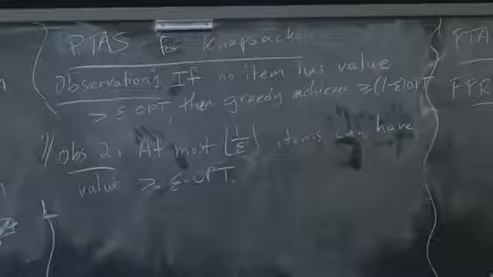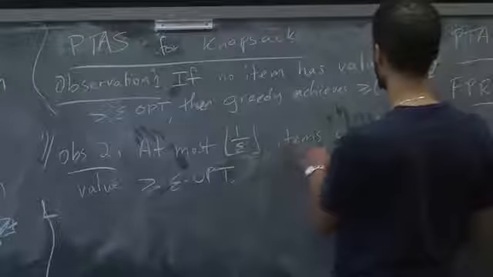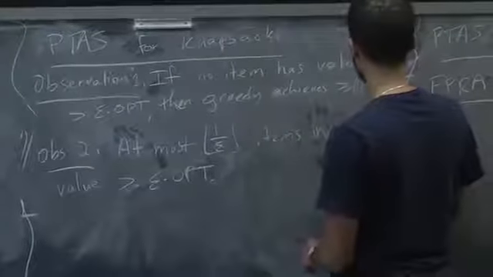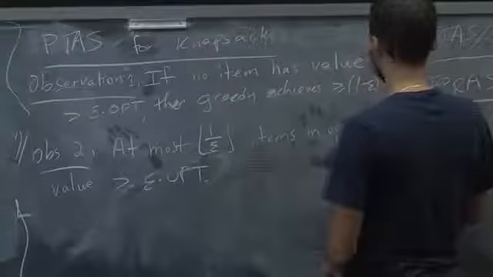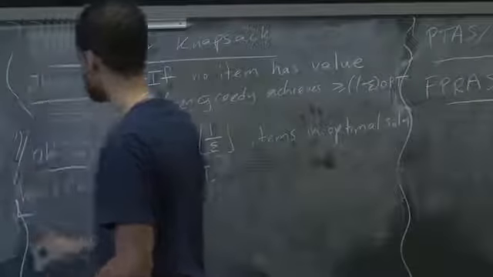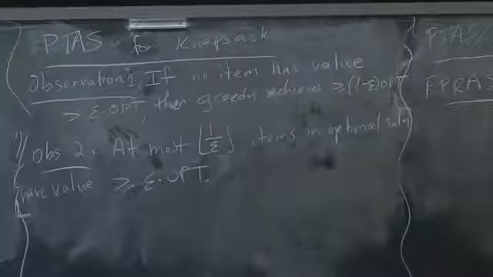What do I mean by that? At most 1 over epsilon items in the optimal solution have value bigger than epsilon opt. Otherwise, opt would be better than opt.